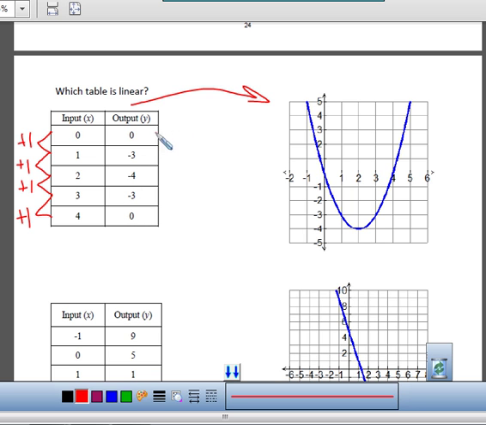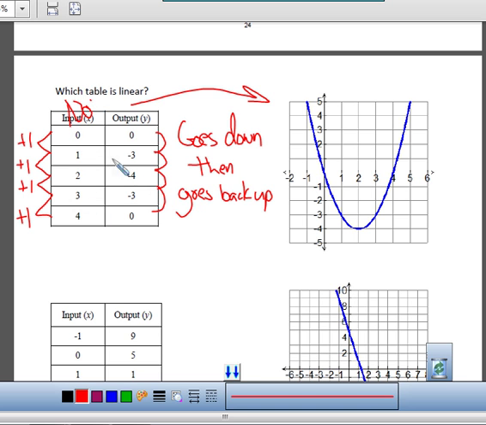But then when we look at the change in the output values, first it goes down, and then it goes back up. A line does not do that. Well, I almost gave it away. Something else, whatever this is called, goes down and comes back up. So this table is not linear.